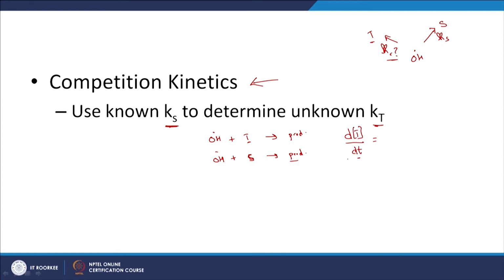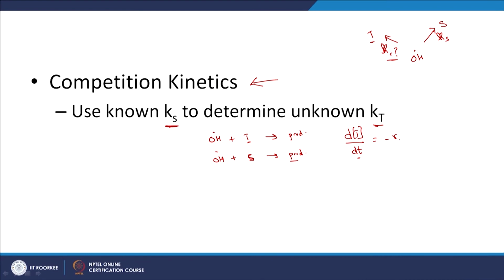Here we see that it is not being produced, it is only being lost. So it is going to be equal to minus the rate of this target reaction, which is minus K target times OH radical times the target concentration.